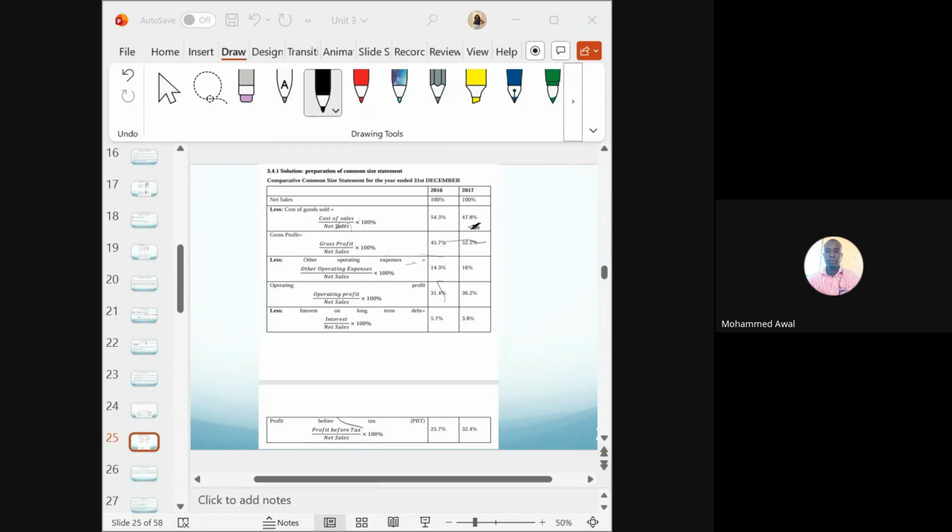Earlier I said it has increased, and my reason was that in 2016, looking at the percentage relating to cost of goods sold, it was 54.3%. Now in 2017, it has reduced to 47.8. So logically, it has reduced the cost of goods sold in the firm. So it is an increase to the firm.